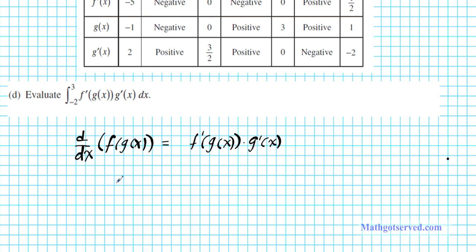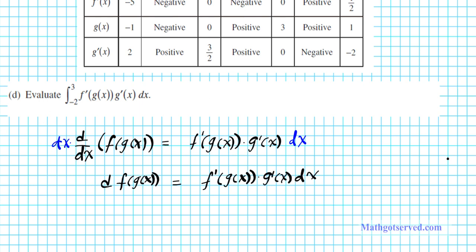If we multiply both sides by dx, we're going to have, let me show you my work, kind of like solving a differential equation by separation of variables. So if you multiply both sides by dx, you have df of g of x, right, equals f prime of g of x times g prime of x dx.